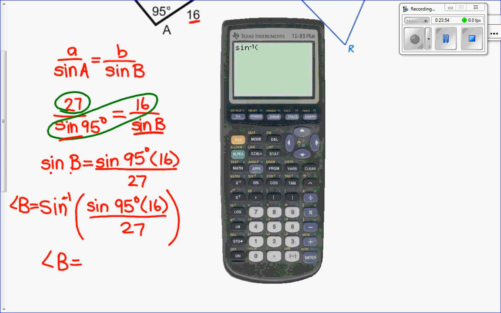So inside the bracket, sine 95, and then close that bracket, times 16, and then divided by 27, and remember to close the final bracket. When you hit enter, you get 36.18. Because this is angle measure, we're taking it to the nearest whole number, so angle B is 36 degrees.